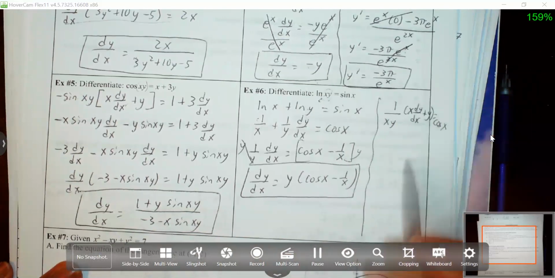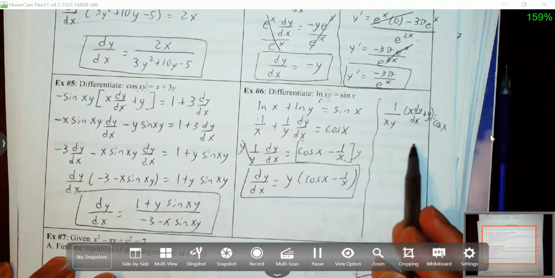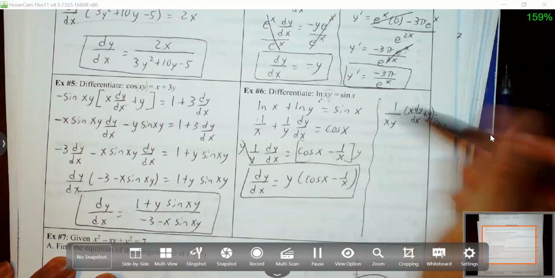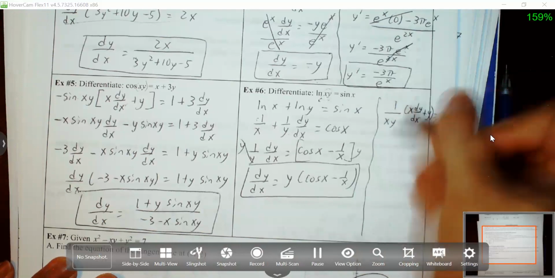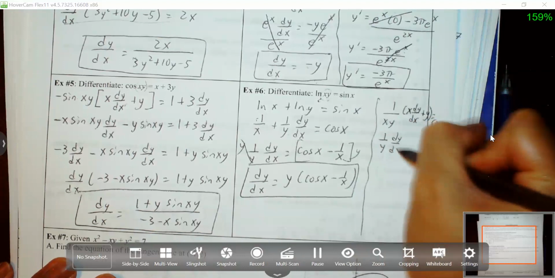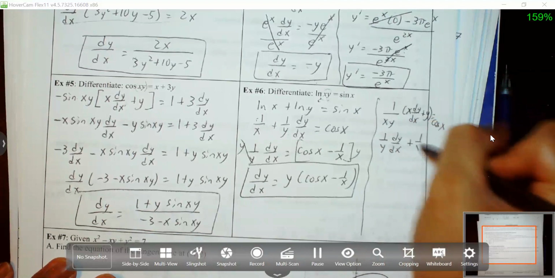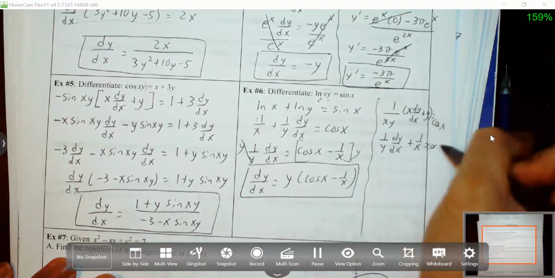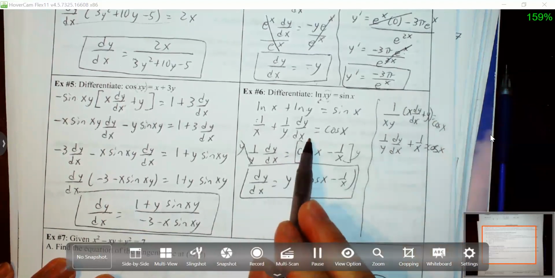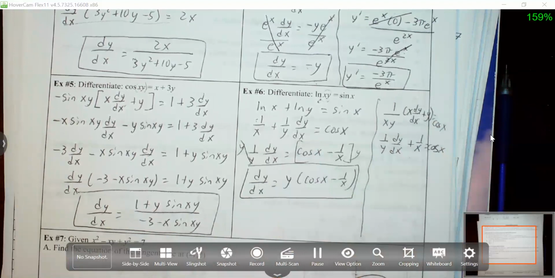And there's really not space to do the problem there. But what ends up happening is you distribute this in here, and you get 1 over y dy dx plus 1 over x is equal to cosine x. And that's the same thing that we have here. And you would just subtract the 1 over x to the other side. So you could do it either way.